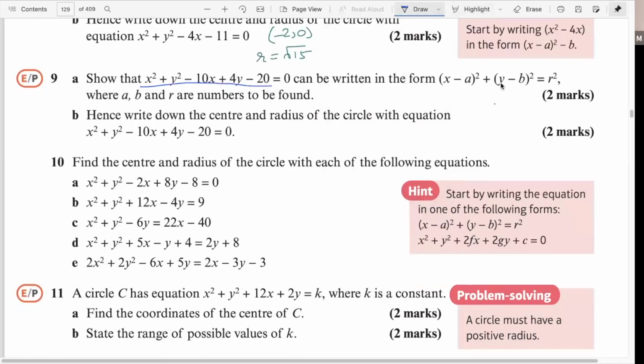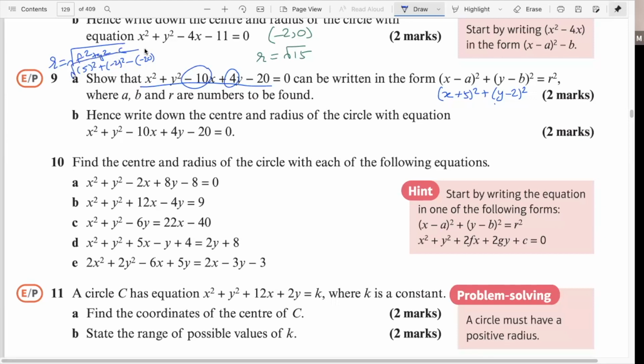This equation right here could be written as this. So directly for x, we find the coefficient, which is minus 10, half and sign change, plus 5 squared. For y, we find y, half and sign change, that is minus 2. Then for r, again the formula, r is equal to square root of f square plus g square minus c. f was 5 squared, this was minus 2 squared, and minus into minus 20.